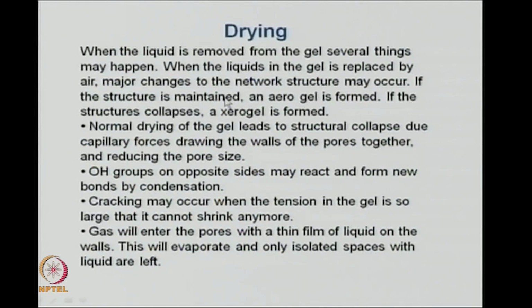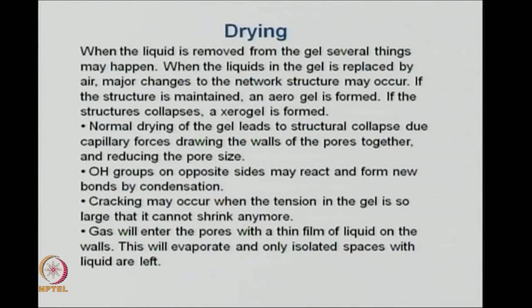Now, after aging, when you have interconnected the entire gel network, you have to remove the liquid which is still in the gel, and this requires drying. So, when the liquid is dried, the pores in the gel may be replaced by air, and some changes in the network structure may occur.